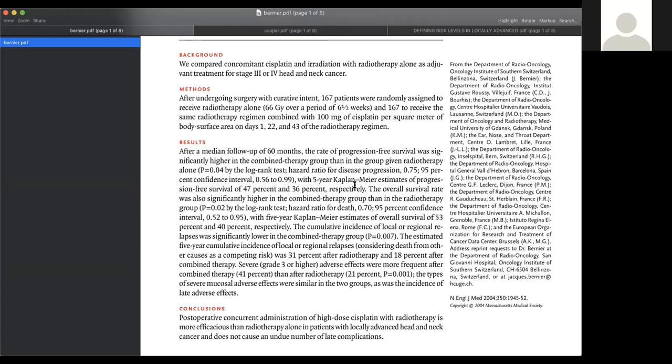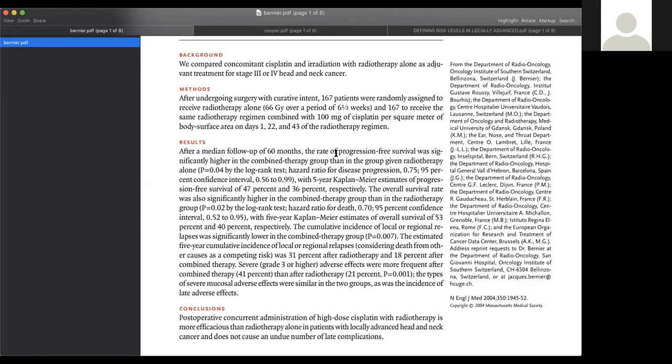The other endpoints they studied were the estimated incidence of local and regional relapses, and the side effects of patients receiving chemoradiotherapy. So keep in mind, they're looking at progression-free survival and overall survival. They're not looking at local regional control or local regional recurrence rates, none of that. They're looking at progression-free survival and overall survival.